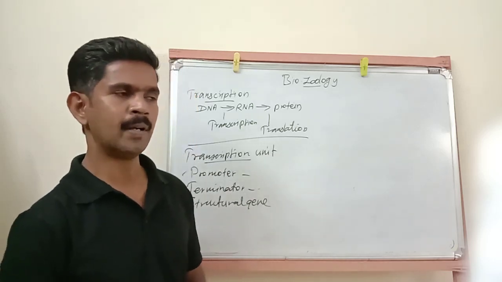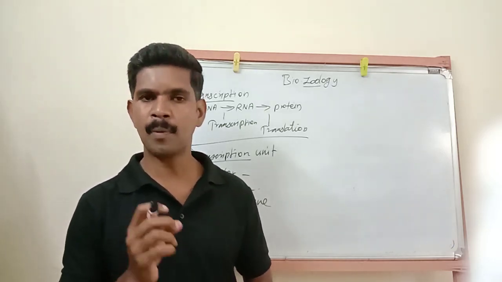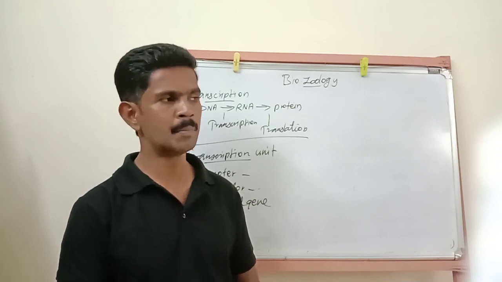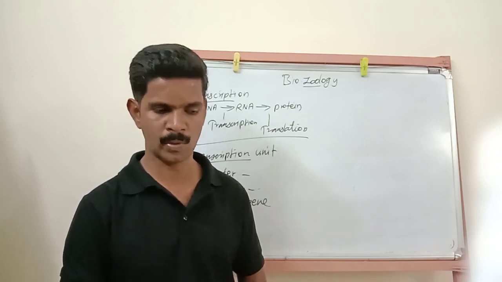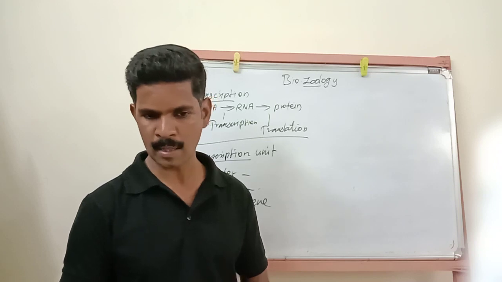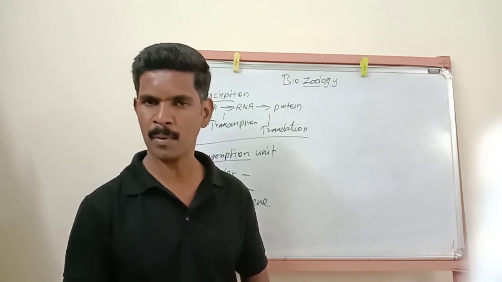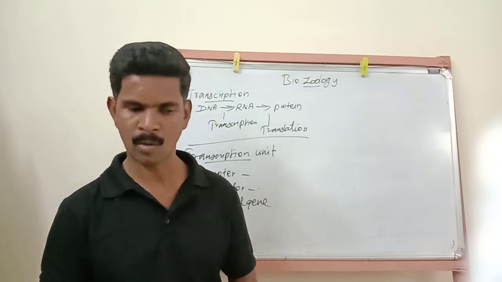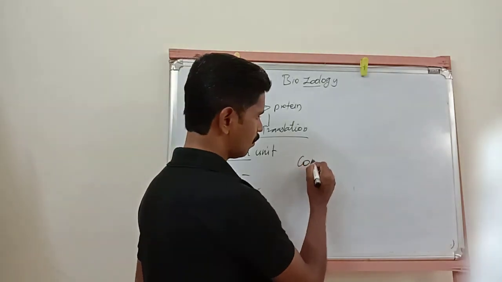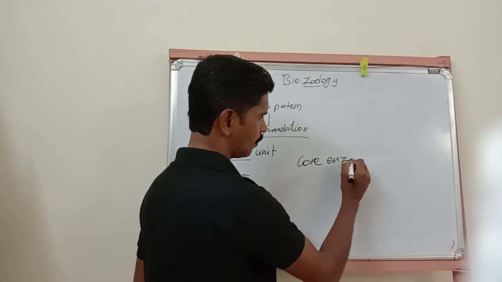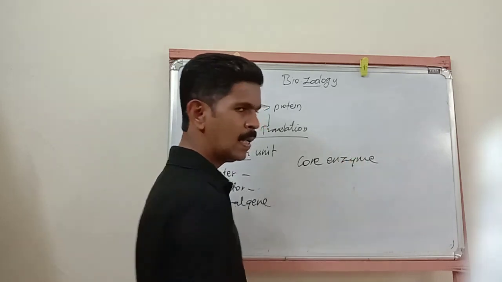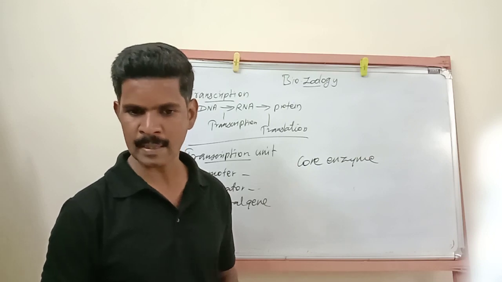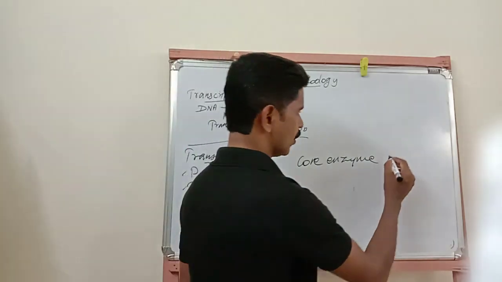Then the next part, the RNA polymerase. As I already told you, it is one of the very important enzymes playing a very important role in the transcription process. This RNA polymerase has two important regions. The first region is called the core enzyme and the second region is called the sigma subunit.